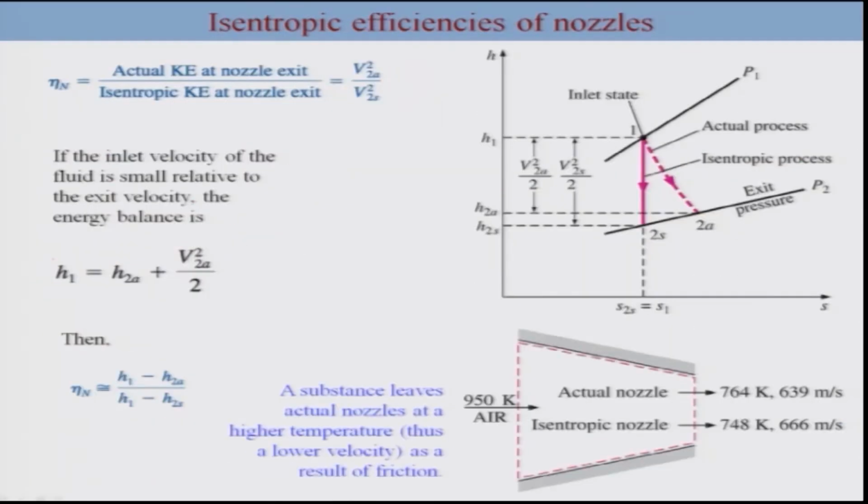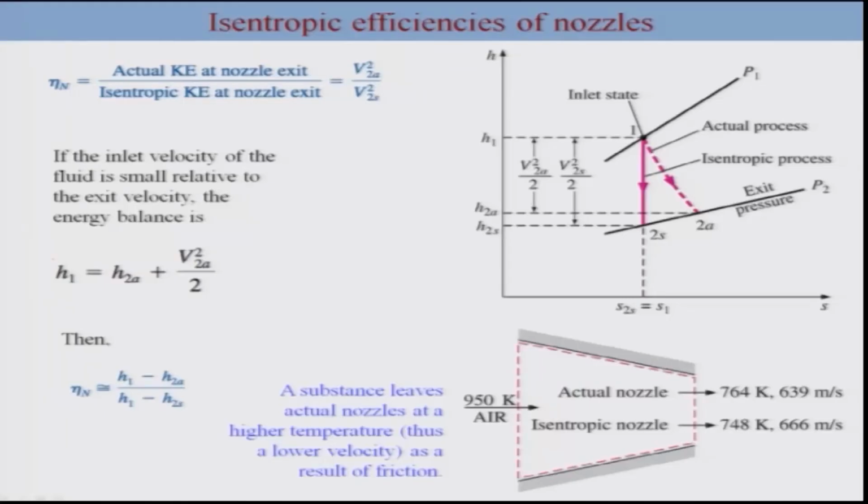Okay. So, this is how we are going to define it for a non-adiabatic compressor, or in this case the isothermal efficiency. We can also extend this analysis for nozzles, which are again an adiabatic device. And the nozzle is used to accelerate the fluid, that is, increase the velocity. If you assume that the inlet velocity is small compared to the exit velocity, okay, then we can simply write the enthalpy balance in this form.